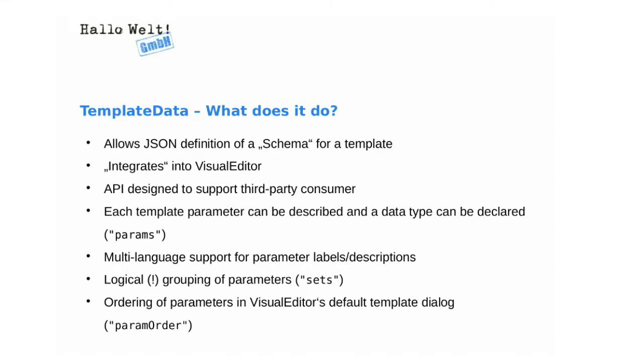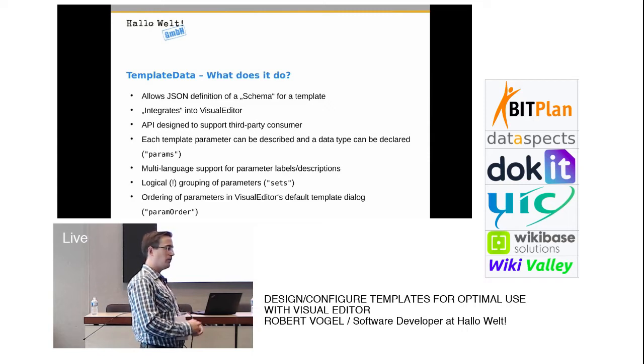Template data is a tag extension, so you've got some XML tag that you can put on a template wiki page. And the content of this XML tag is a JSON formatted schema, where you can specify parameters and all kinds of things.